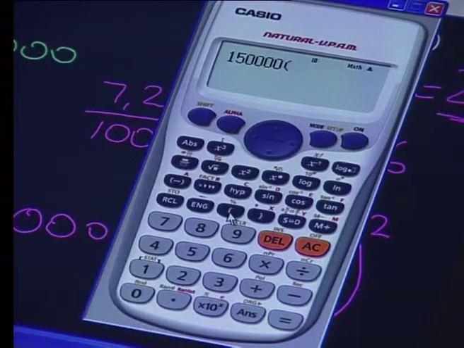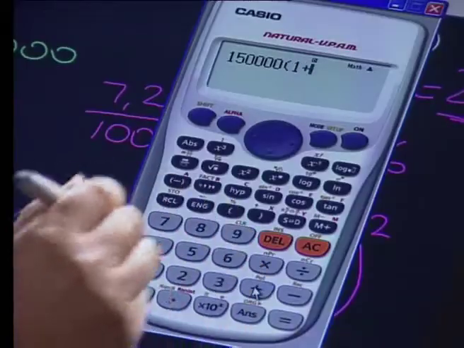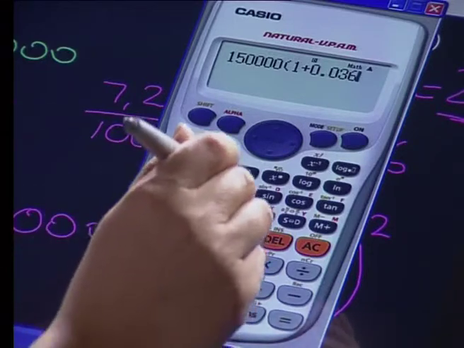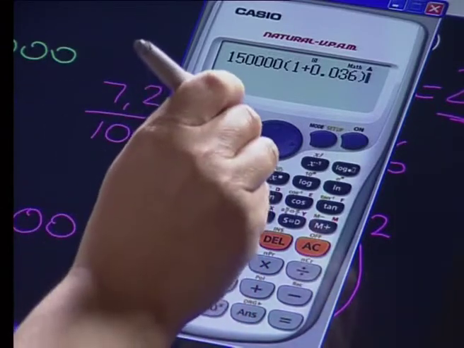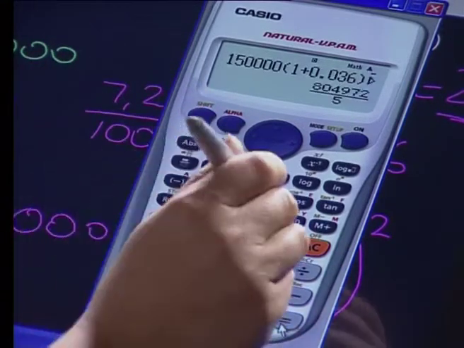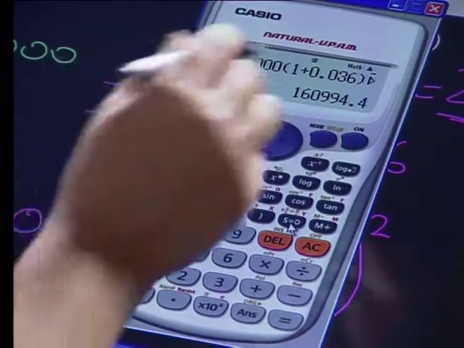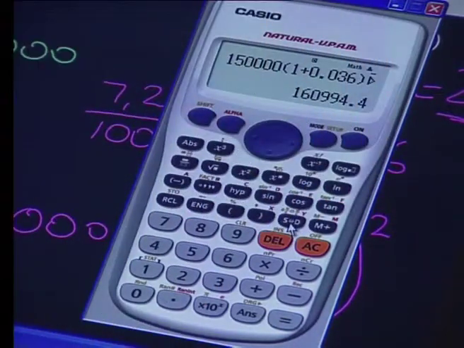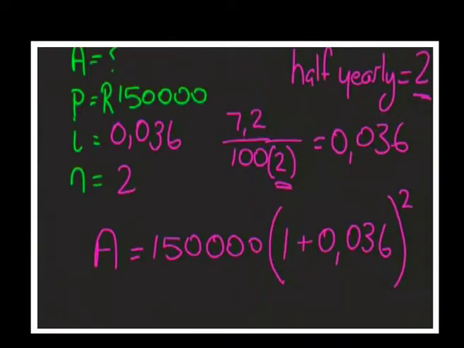Be careful when you're dealing with numbers like this, that you've got all the zeros. Don't make a mistake and leave out a 0. So now I've got my 1 plus 0,036, close the brackets, to the power of 2. I could have just pressed the square button and I get an answer of 160,994.40. So let's write that in.